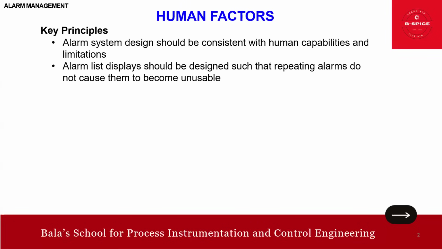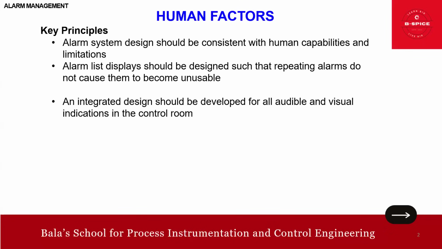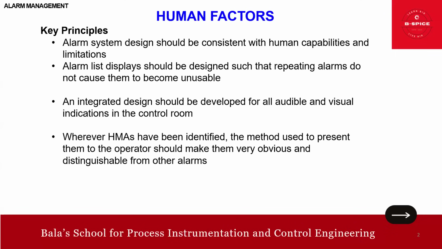An integrated design should be developed for all audible and visual indications in a control room. Wherever HMAs, the highly managed alarms, have been identified, the method used to present them to the operator should make them very obvious and distinguishable from other alarms, because this is important.